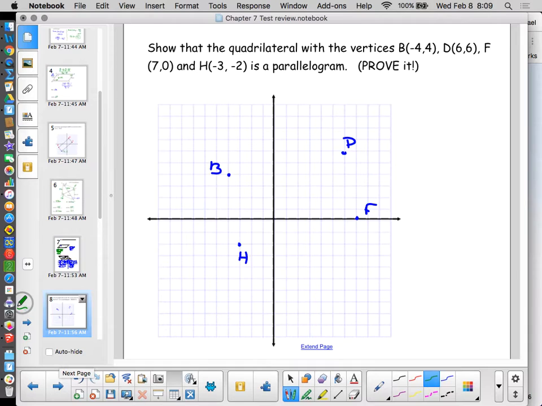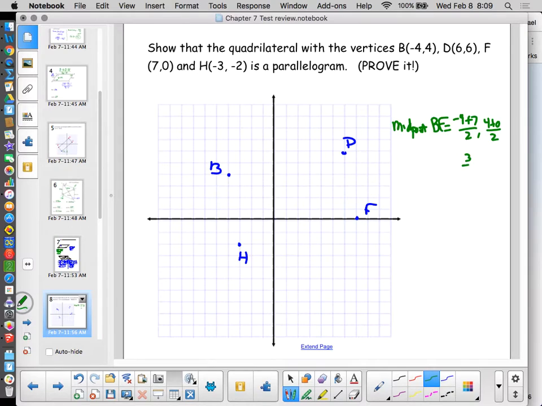I could find the lengths of all four sides and show the opposite sides are congruent. I could find the slopes of all four sides and show opposite sides are parallel. Or I could find the midpoints of the diagonals. Oh yeah, that's the easy way for parallelograms, isn't it? So I could say midpoint, remember we're going to say what we're doing. Midpoint of BF equals -4 plus 7 over 2 and 4 plus 0 over 2.